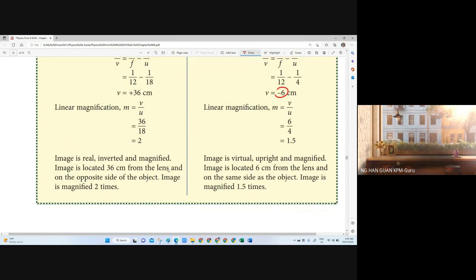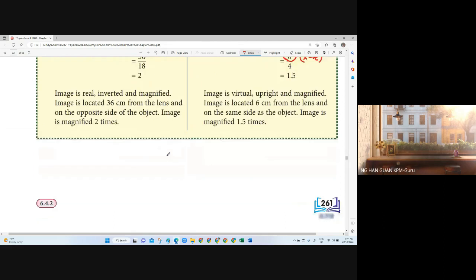You see the -6, but when we substitute into the linear magnification to compare whether the size is bigger or smaller, it only substitutes 6, not including the negative. You have to remember that the negative in the image distance only lets you know whether it is virtual or real. Negative is virtual.